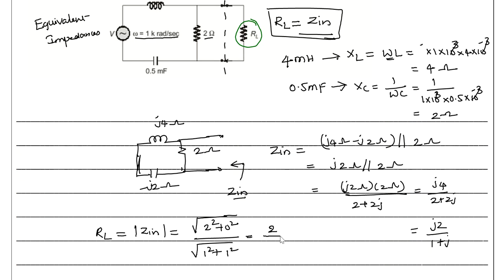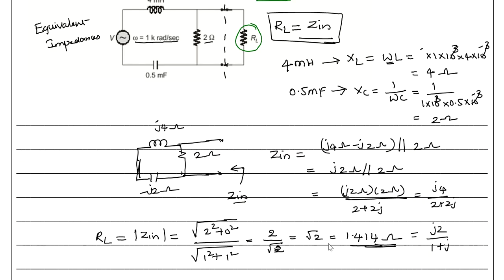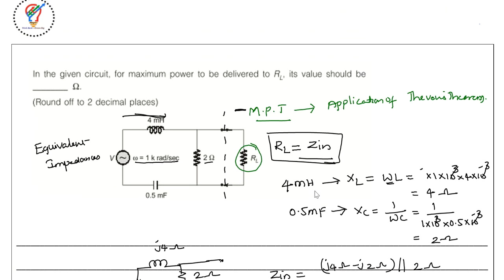So it's 2 by root 2, which is root 2, equal to 1.414 ohms. So to get maximum power transfer, the value of RL should be 1.414 ohms, the root 2 value.